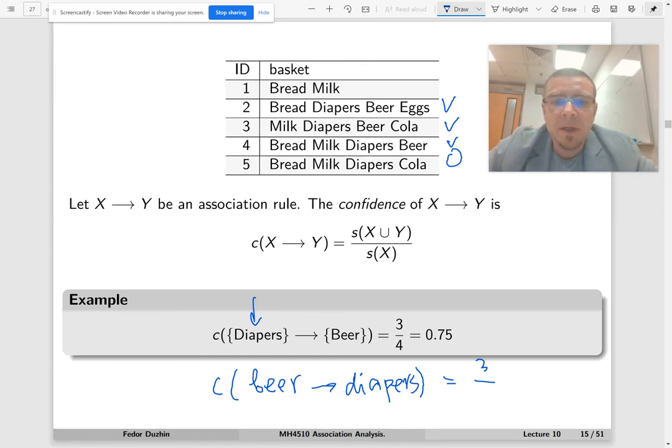And how many times does beer appear here? 3 times. So this is 3 over 3, which is 1. What I'm trying to say is that when you switch X and Y, you will get a different result.